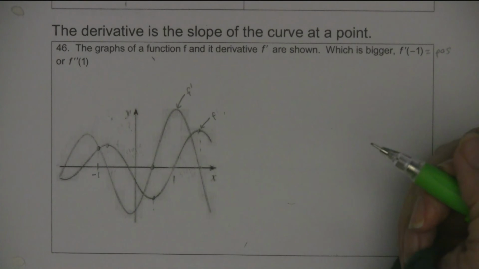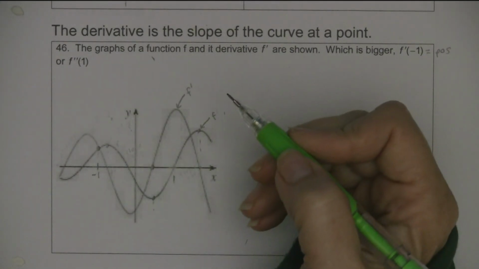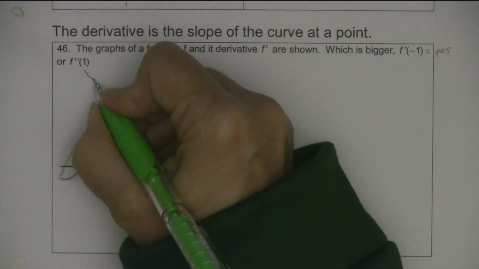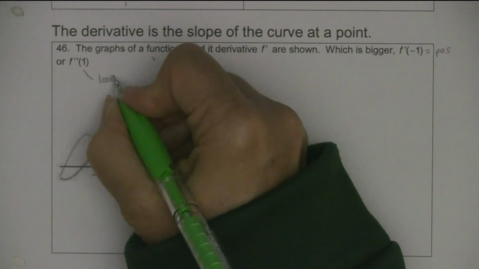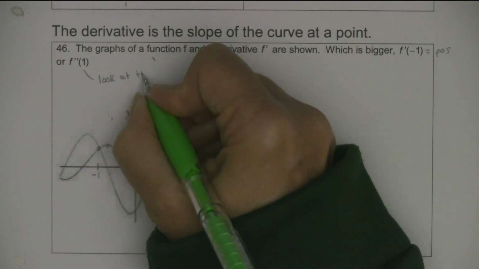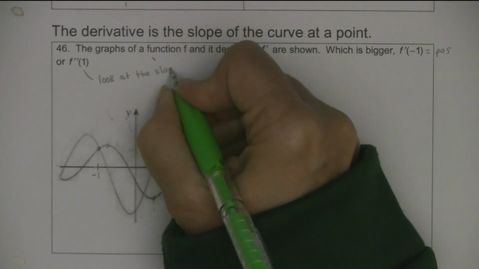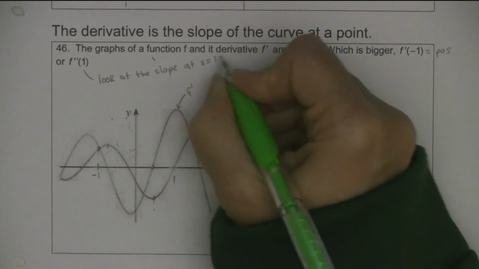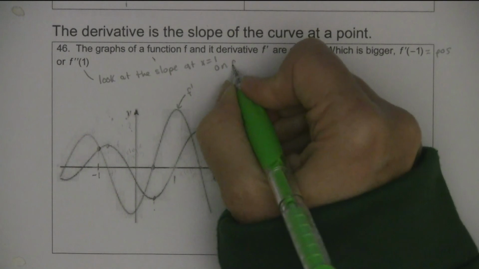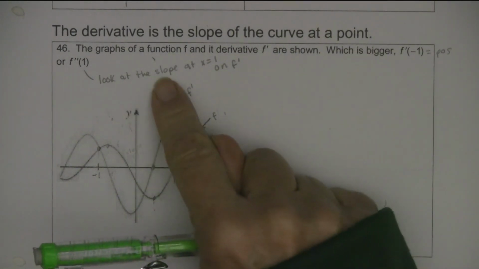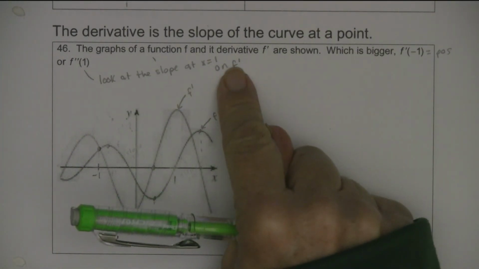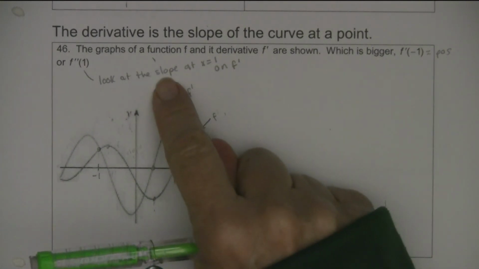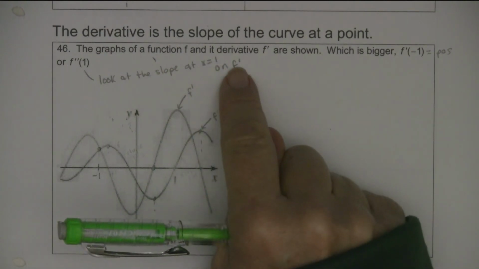And f double prime at 1 means look at the slope at 1. So this means look at the slope at x equals 1 on the f prime graph, because the slope of the slope graph will be the second derivative. So I want to look at the slope when x is 1 on the f prime graph.